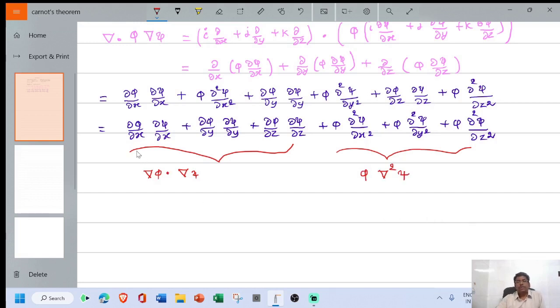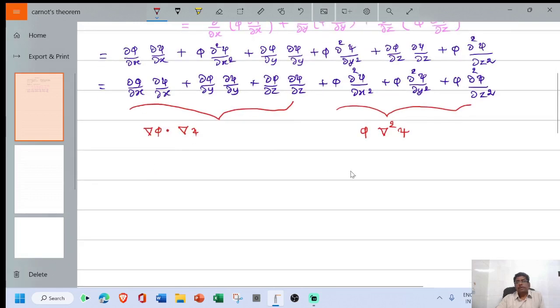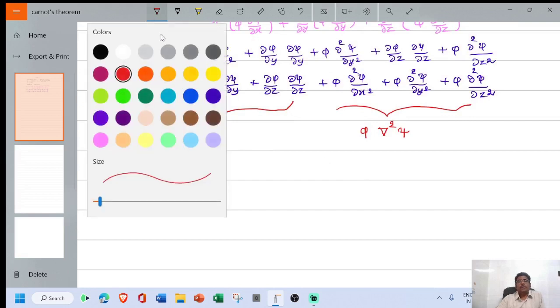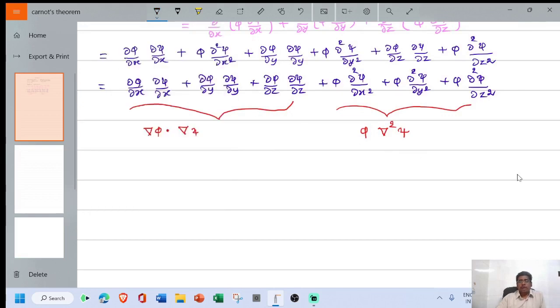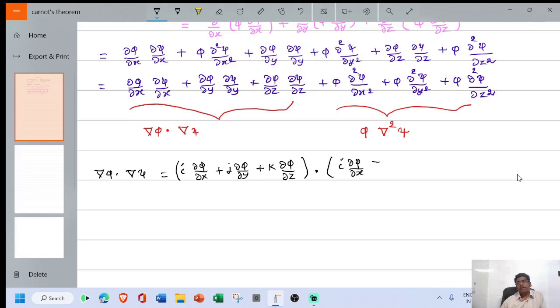If you want to verify this, just take grad phi dot grad psi. Grad phi is i dou phi by dou x plus j dou phi by dou y plus k dou phi by dou z, dot grad psi, i dou psi by dou x plus j dou psi by dou y plus k dou psi by dou z.